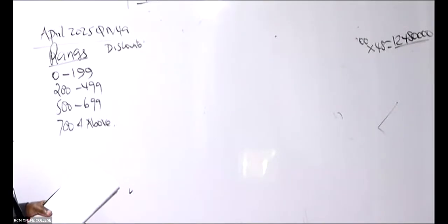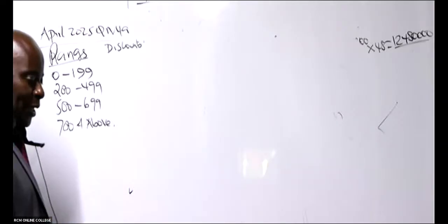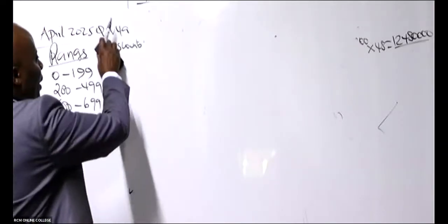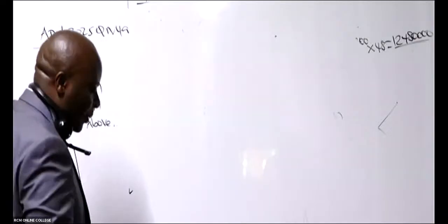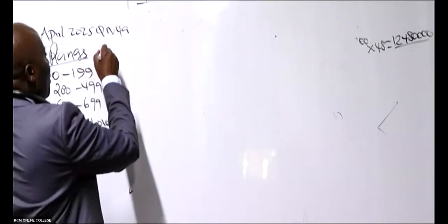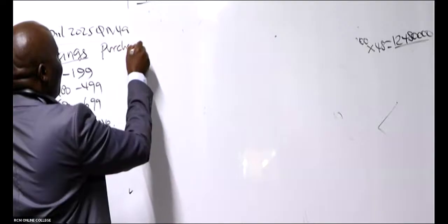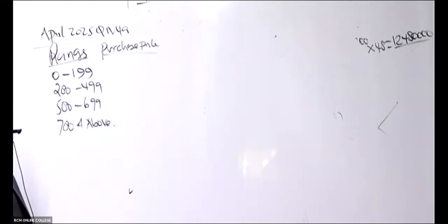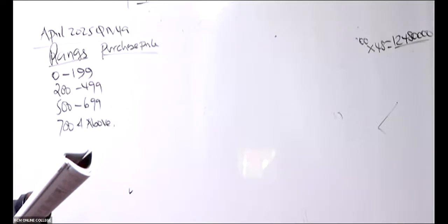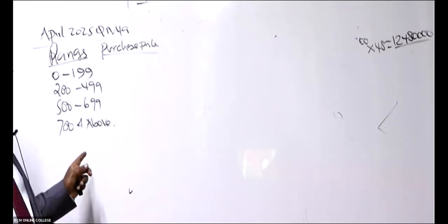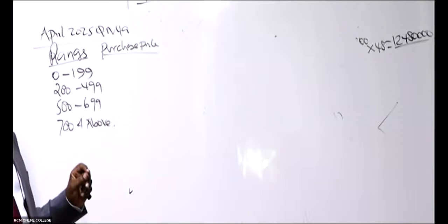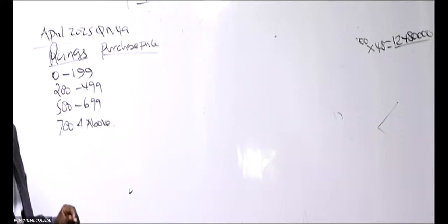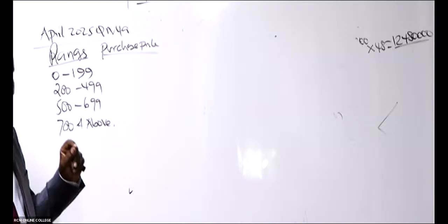So instead of writing that discount, we are bright people. We can just go ahead and write the purchase price. The first one is that if we procure between 0 and 199, we shall get a 1% reduction in price because 1% is the discount.